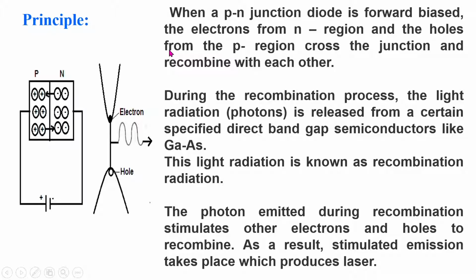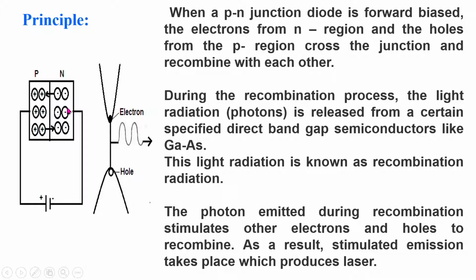When a PN junction diode is connected in a forward bias condition, we know that the N-type material contains the majority of the electrons and the P-type material contains the majority of the holes.